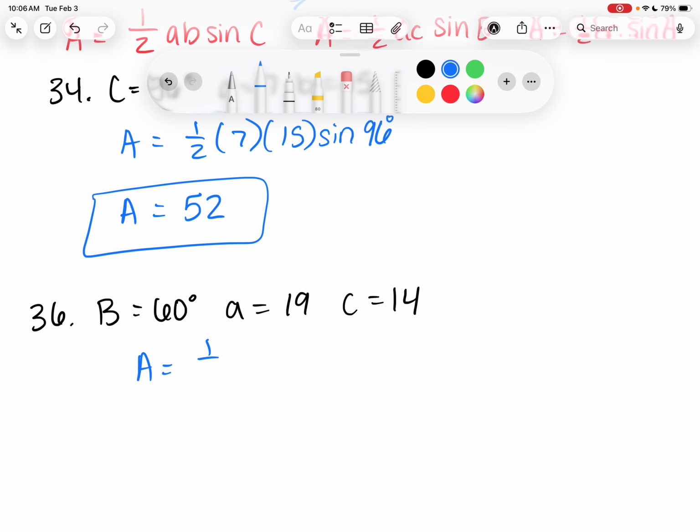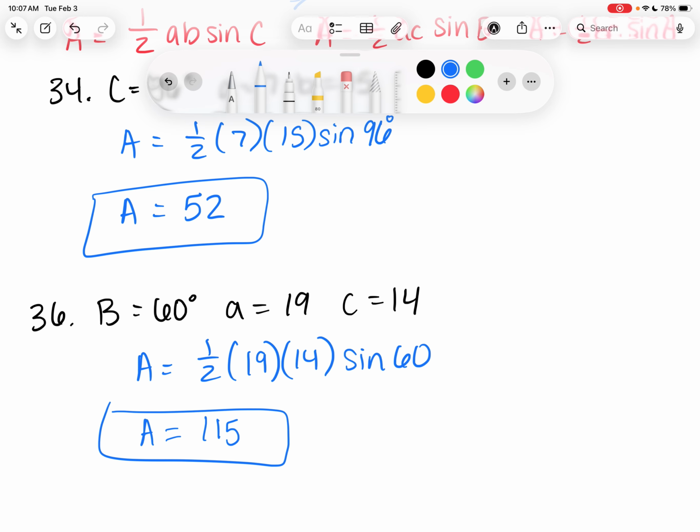So we've got 1/2 times 19 times 14 times the sine of 60. 115. Again, the book's going to go to 1 decimal place. I'm fine with us just saying nearest whole number for everything in this section with the exception of H, where it's 1 decimal place past whatever they give us.